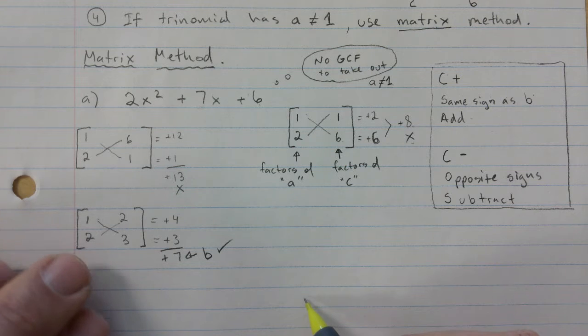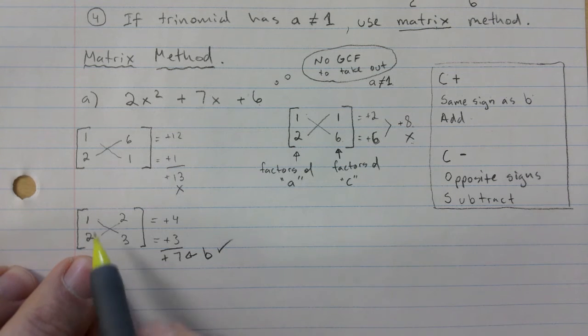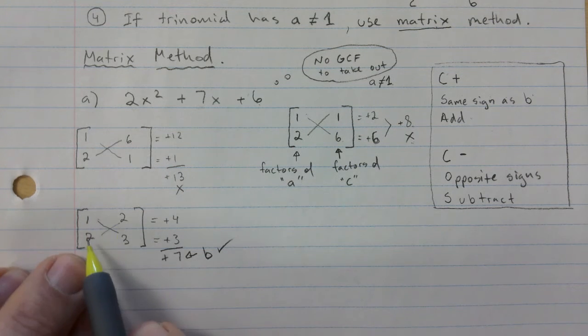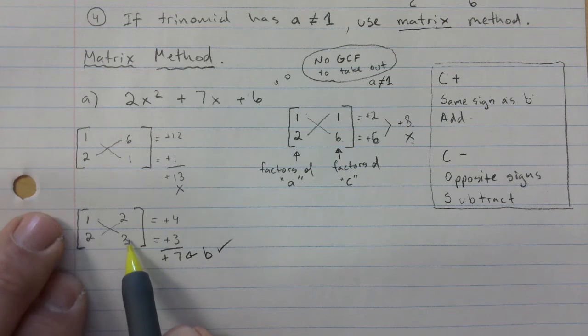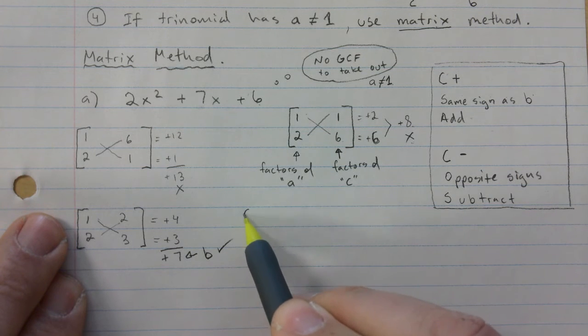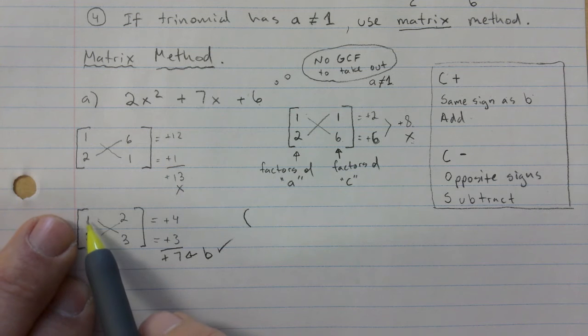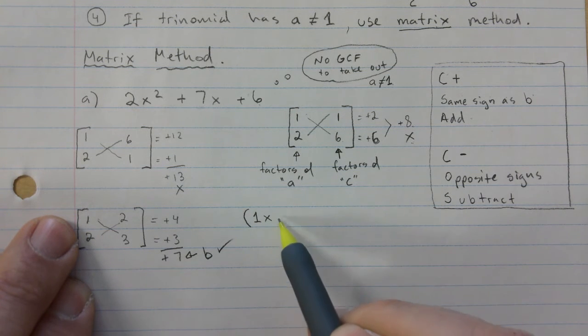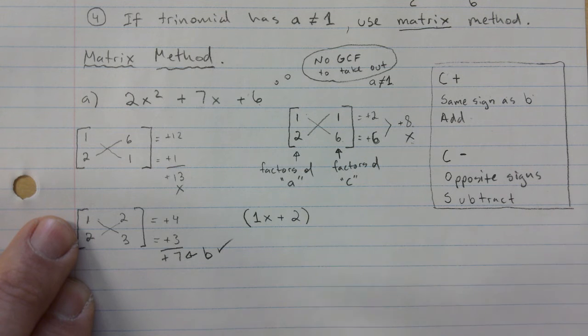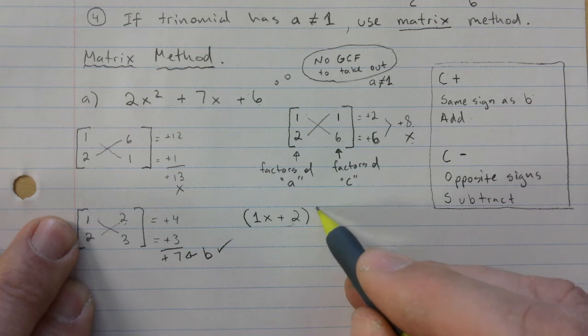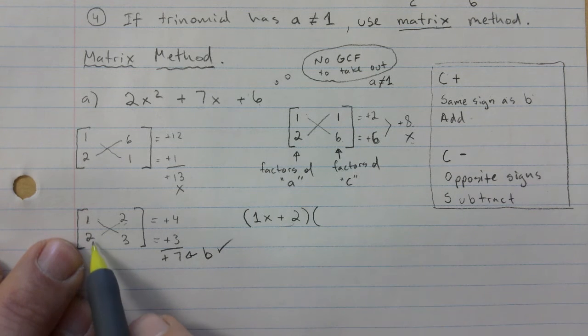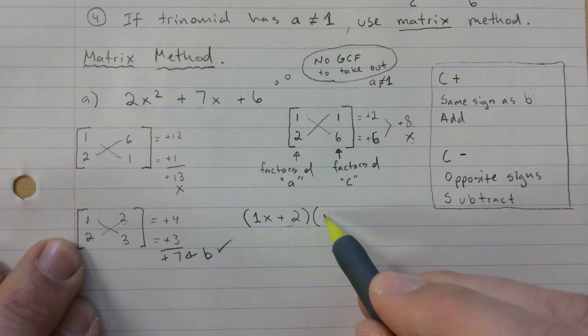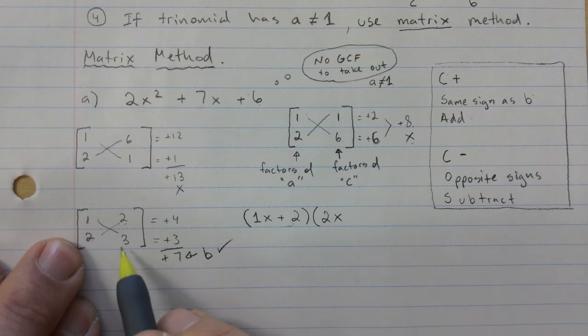Okay, now watch carefully. This is a pair and this is a pair. So what you do is you go 1x plus 2, and 1x plus 2 goes in the first bracket, and the second bracket is 2x plus 3.